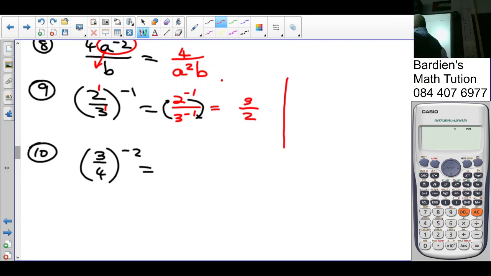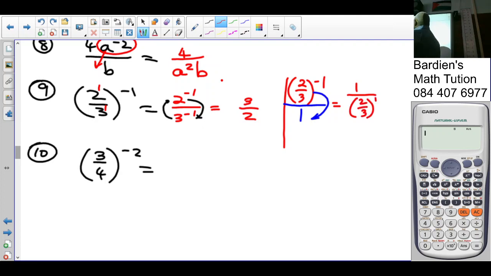Otherwise, if I got 2 over 3 raised to the negative 1, if you consider this whole thing to be a numerator, then where would this go? To the denominator. You all agree with that? Yeah, it's going to be more complex. But in other words, this would be 1 over 2 over 3 to the 1. Not so? That's what you did. No problem. But would it stop here?